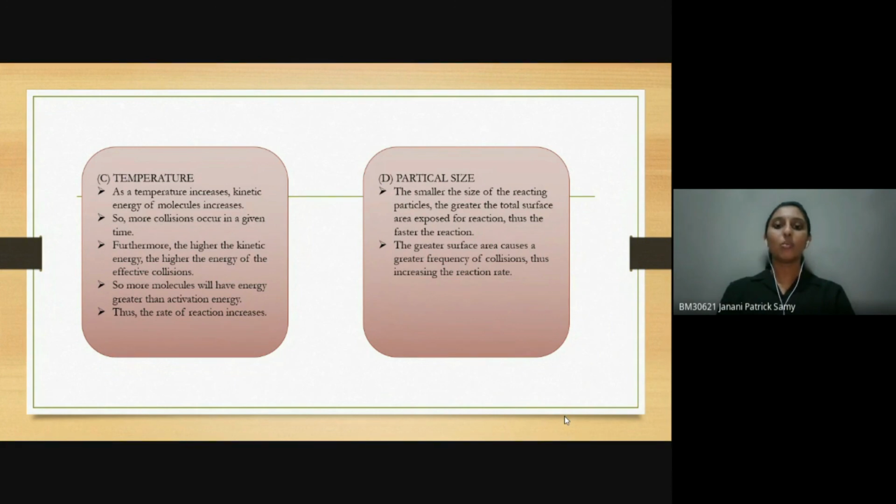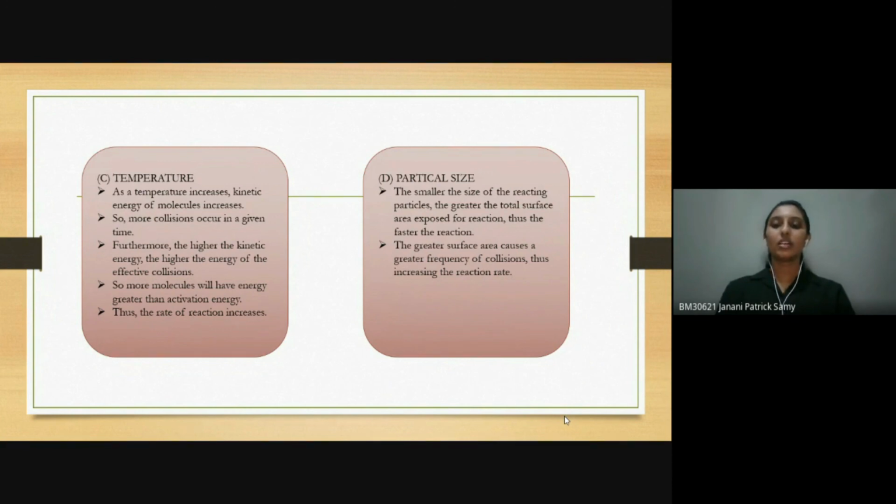So more molecules will have energy greater than activation energy. Thus the rate of reaction increases. As a conclusion, the kinetic energy of molecules is directly proportional to the temperature. The higher the temperature, the higher the kinetic energy, thus the higher the rate of the reaction.